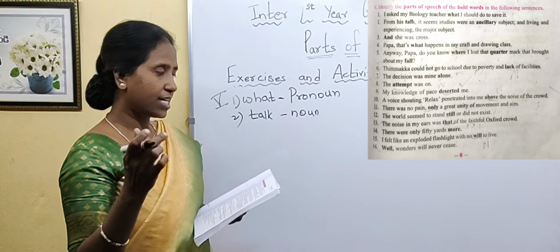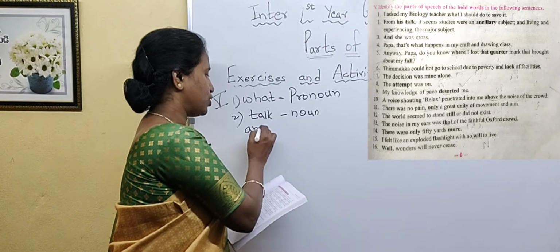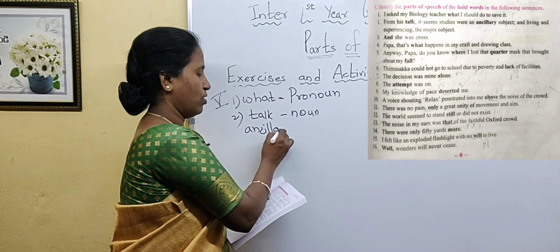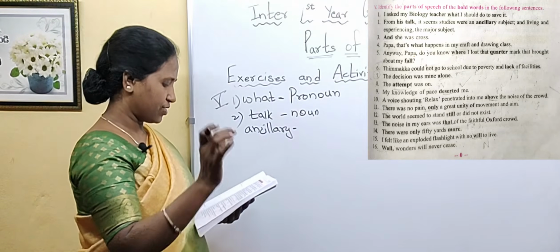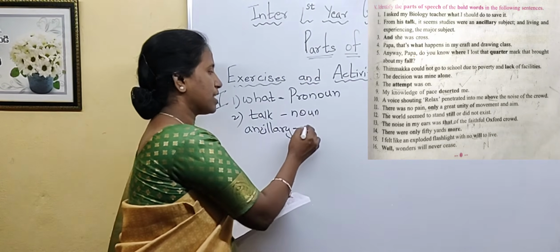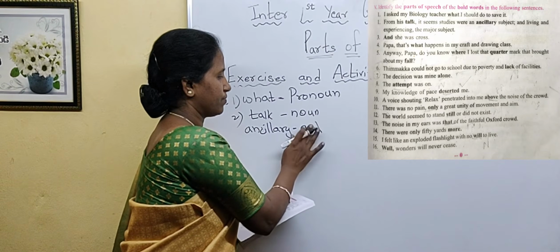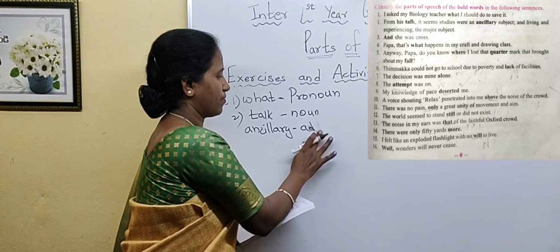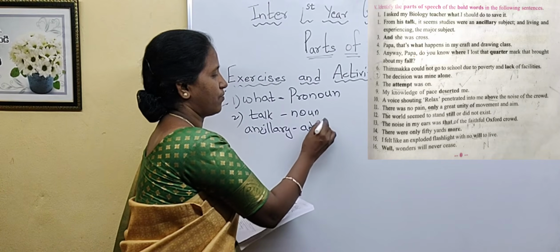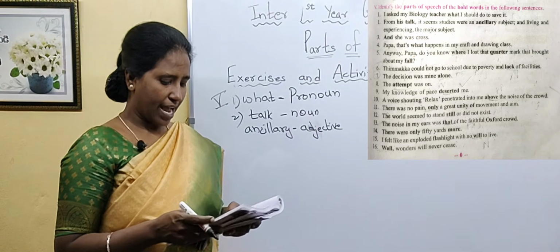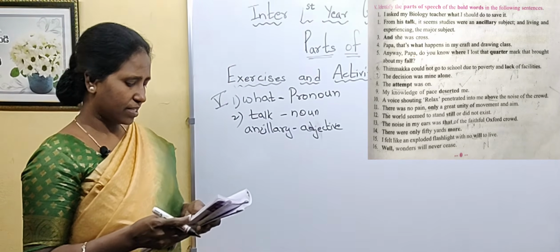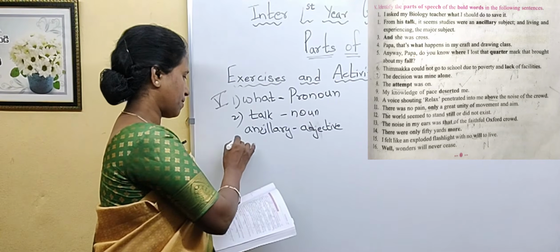Immediately after ancillary, you have subject. Subject is a noun. So immediately before a noun, that is an adjective. So ancillary is an adjective, and living and experiencing the major subject.